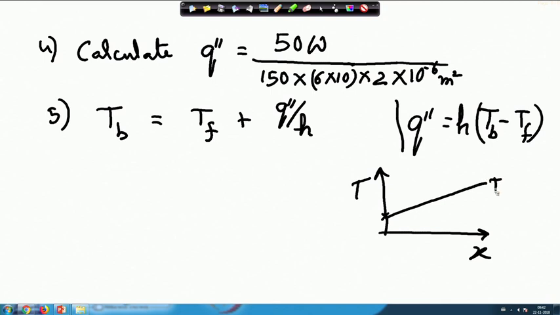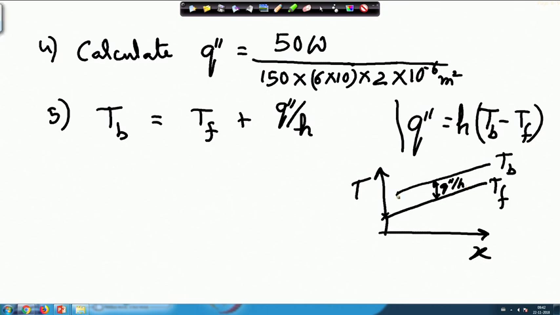Okay. And therefore, the board temperature will also be the fluid temperature plus this constant. So, this is going to be the board temperature, and the delta T, the difference, is going to be q double prime by h, right. This difference.